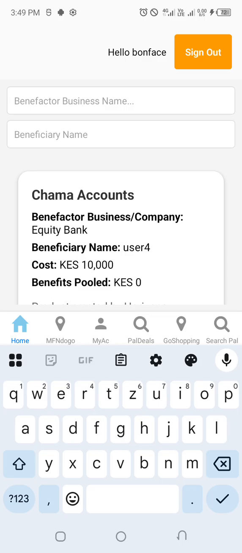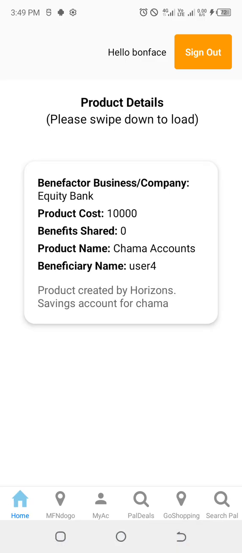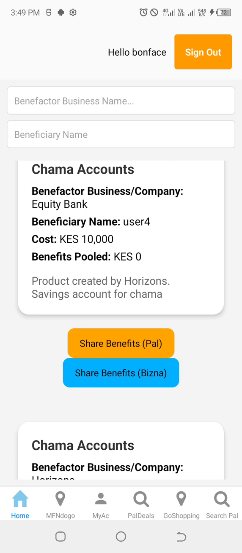So let's see this one. Just a minute. I think I wanted to read this one. The benefactor here is Equity Bank. So Equity Bank has created a savings account for a given chairman. They've not yet pulled any money. So let's actually work with this one.